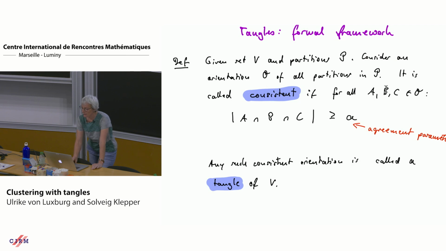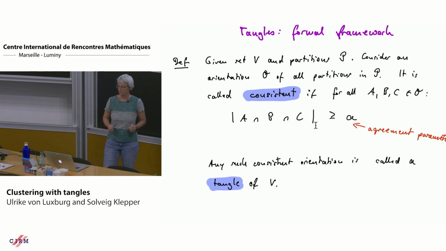We need to select 3 particular cuts, so we have like 100 cuts, we select 3 of them, look at where they point to, and these are the sets A, B, and C. These are the 3 sets where these cuts point to. And then we want to say that in the intersection of these 3 cuts there are at least a number of objects. The absolute value here just counts the cardinality of the set.